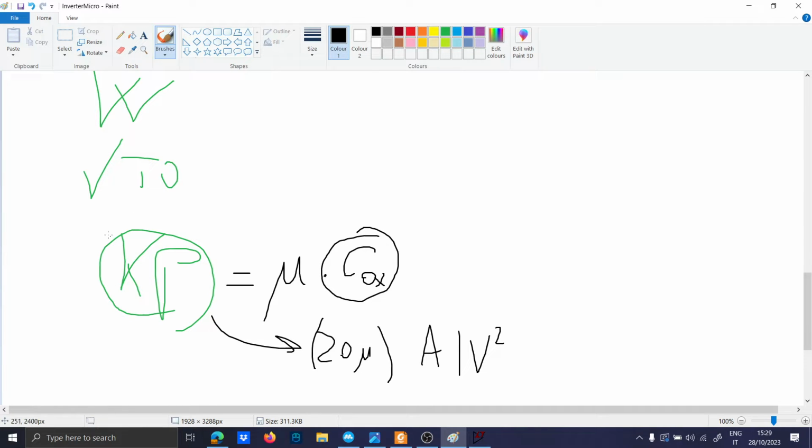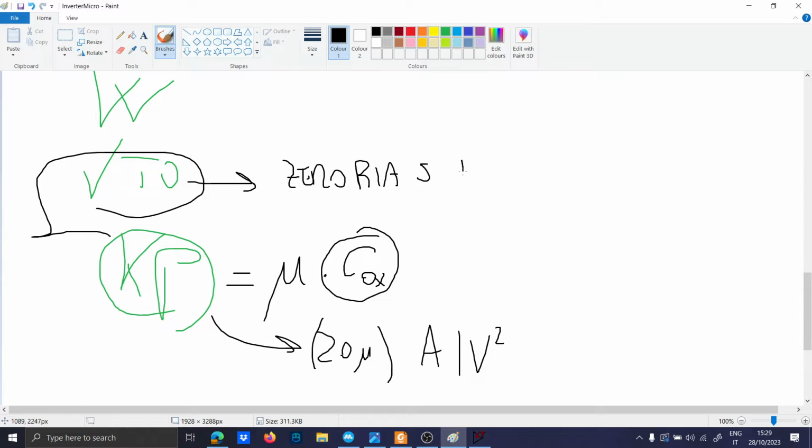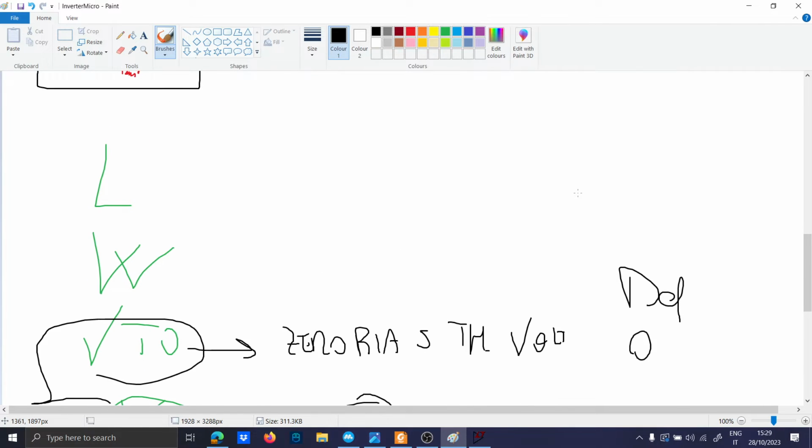The VTO is the zero bias threshold voltage, and the default value is 0, which is not true in reality.